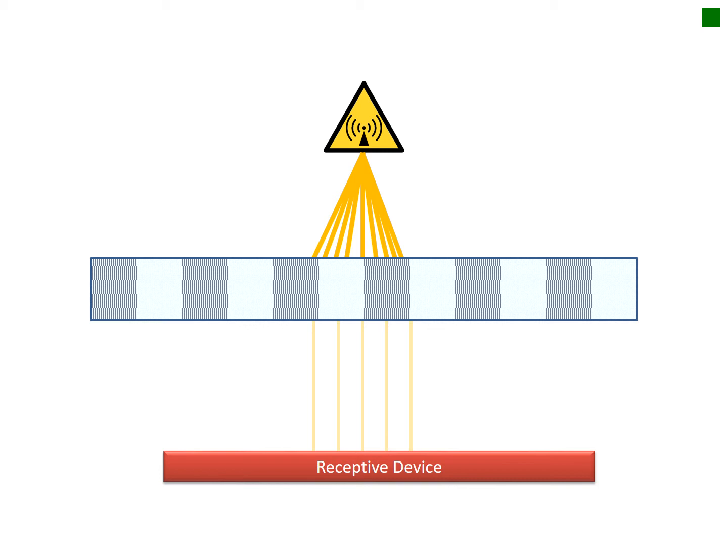The more radiation that hits the receptive device, where our picture is, means more density on there, which means a blacker image. If we have something like bone that is more dense, less radiation passes through, less radiation hits the receptive device, makes less density on the picture, means we have a whiter image. So something like bone is going to appear white on your radiograph, and something like fat is going to appear black on your radiograph.